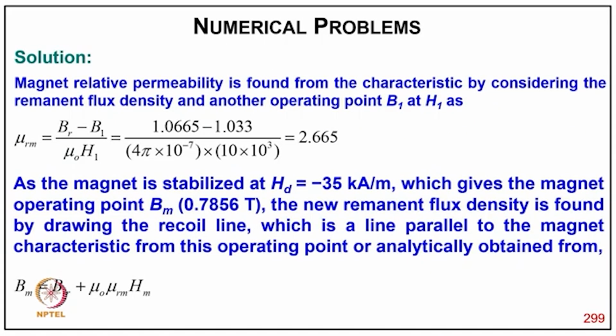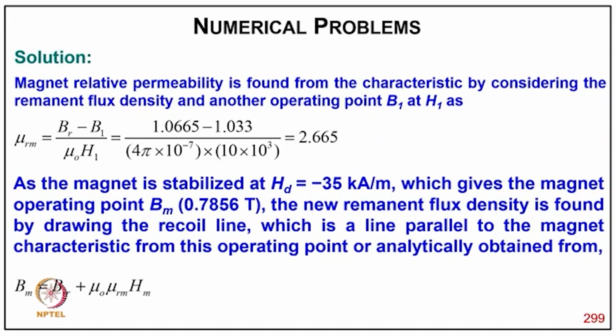Now coming to the solution, the magnet relative permeability is found from the characteristic by considering the remanent flux density and another operating flux density B1, H1 as mu Rm equal to Br minus B1 divided by mu 0 H1, and putting the value it comes 2.665. As the magnet is stabilized at Hd equal to minus 35 kiloampere per meter, which gives the magnet operating point Bm equal to 0.7856 Tesla.